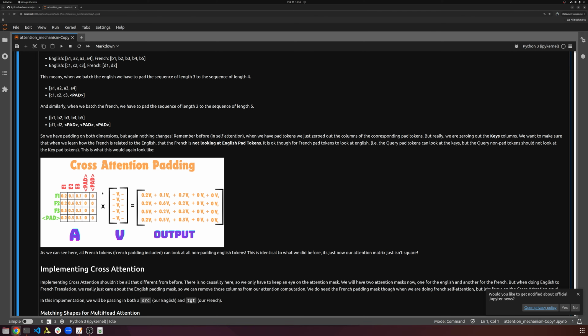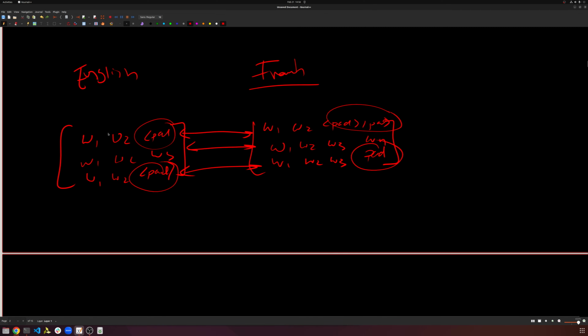Because we have two tensors, English tensors and French tensors, in batches, we're also going to have an attention mask for the English, indicating which words are pad and which ones are not. And we're going to have another attention mask for the French. Because the French is our target, that's typically known as the target attention mask, and because the English is our source, that's typically known as the source attention mask.